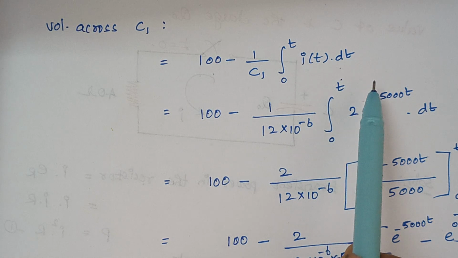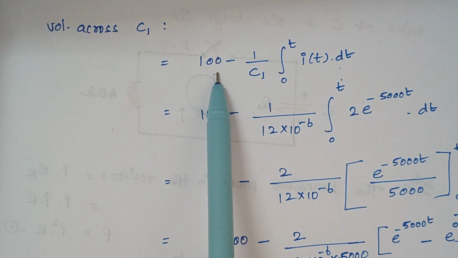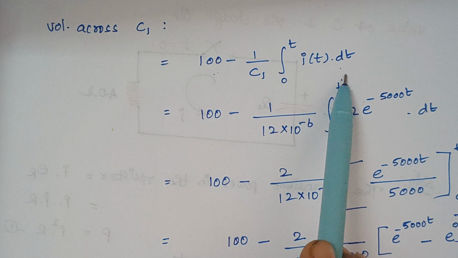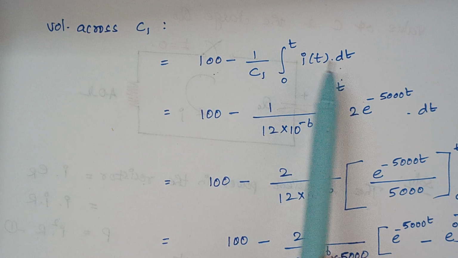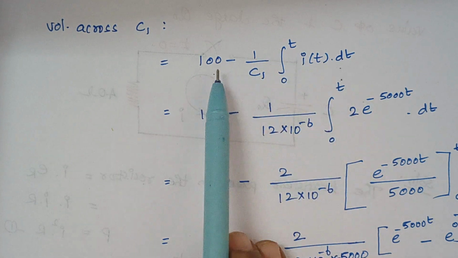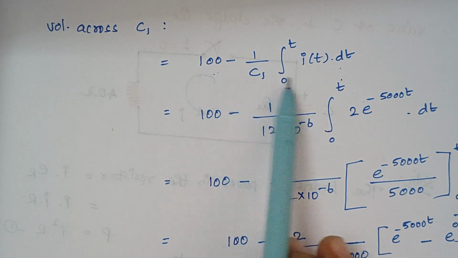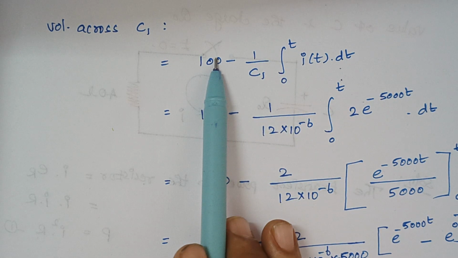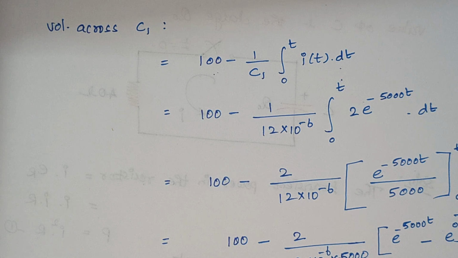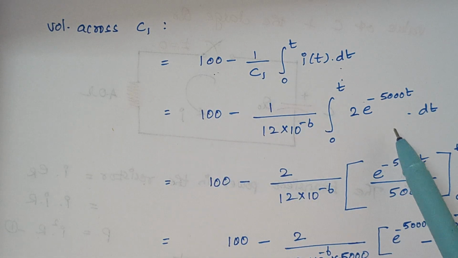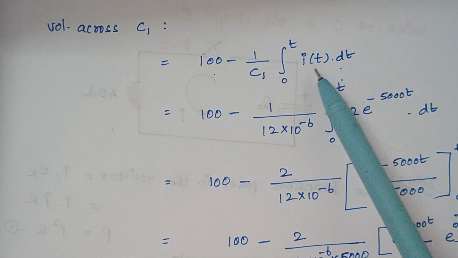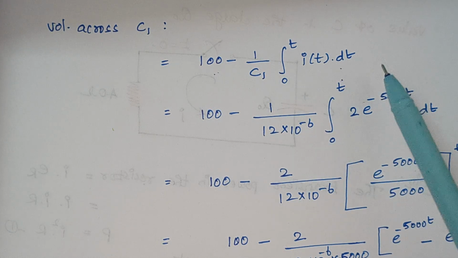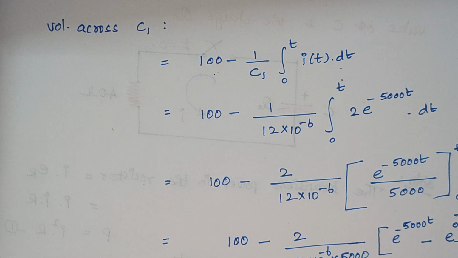This is your initial voltage, and this is the respective drop created by the capacitor. Once you subtract this drop from the initial voltage, we can get the final voltage. Just substitute the values. We know the value of C1, we know the expression for I of t, so substitute it over here.